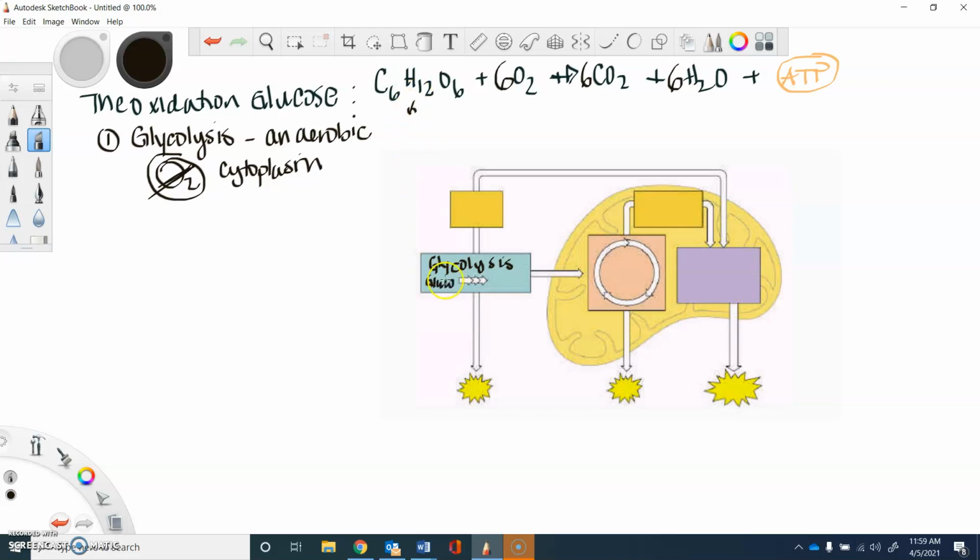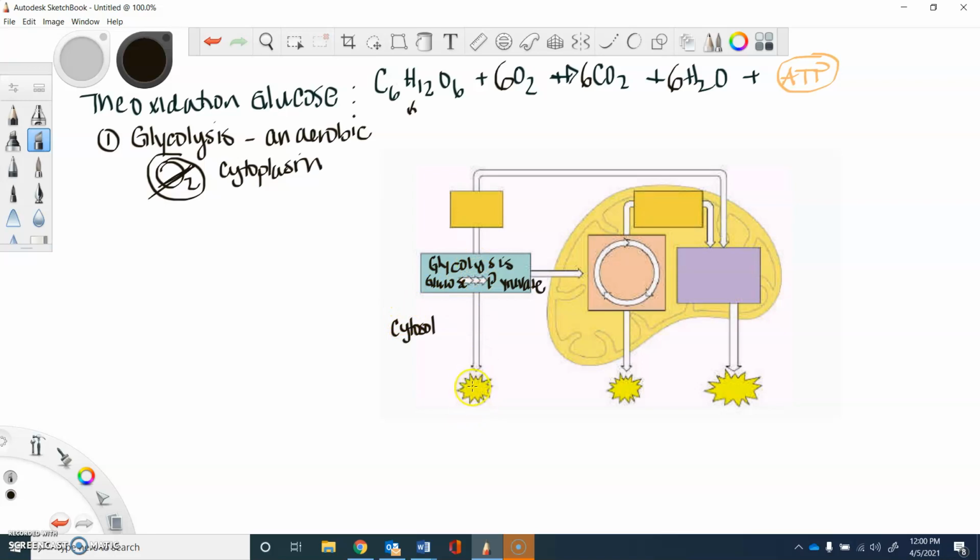So glucose, and we're going to end up with a molecule called pyruvate. So we go from glucose to pyruvate here. Remember, this is happening in the cytosol, just in the cytoplasm of the cell.